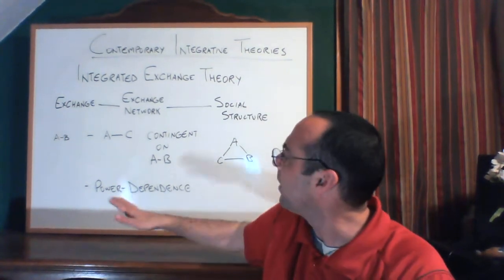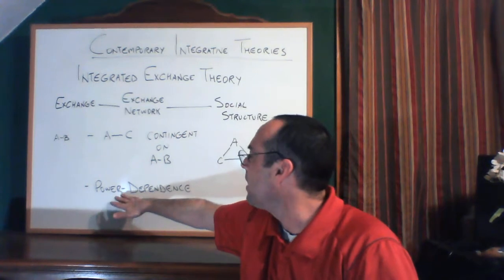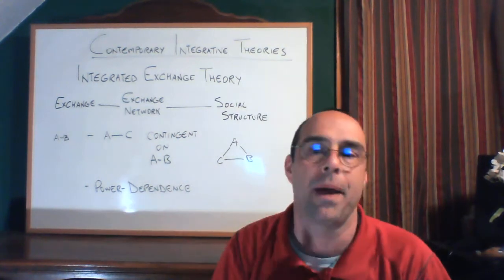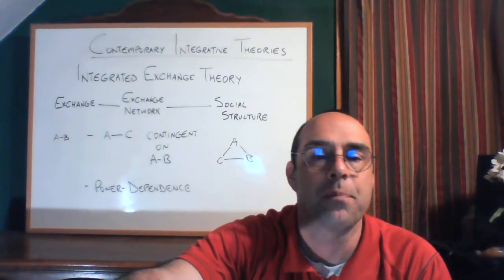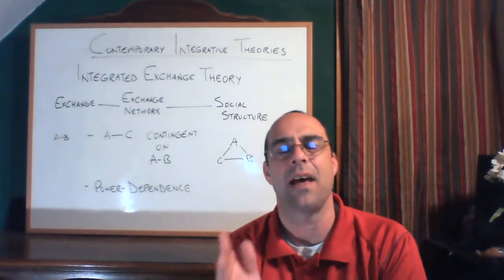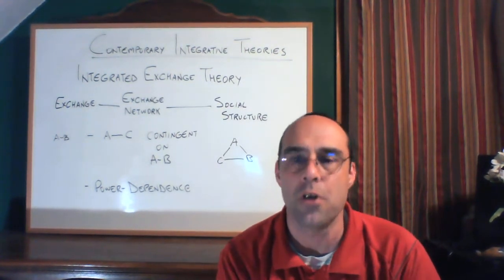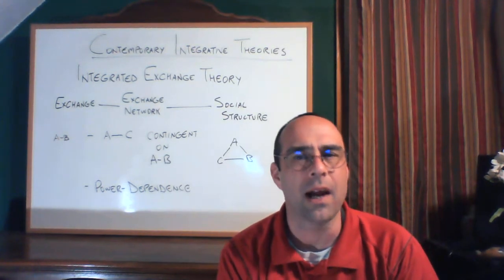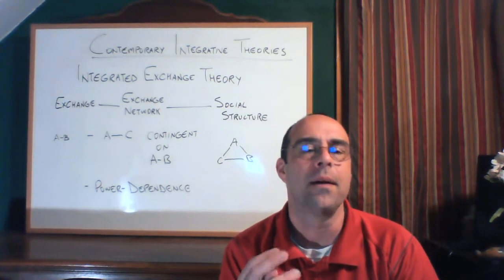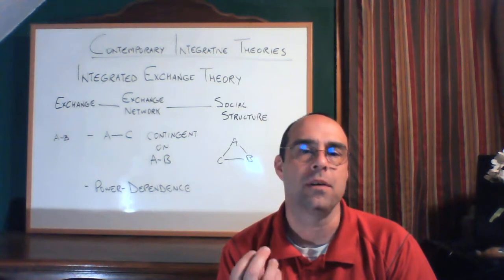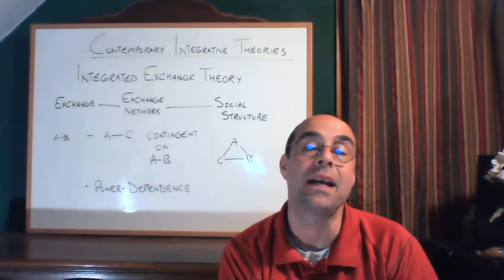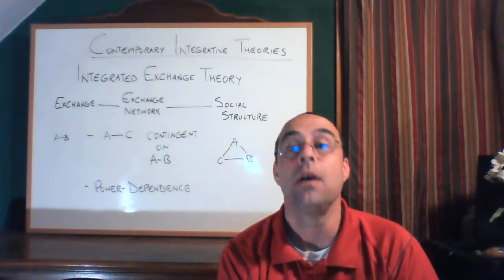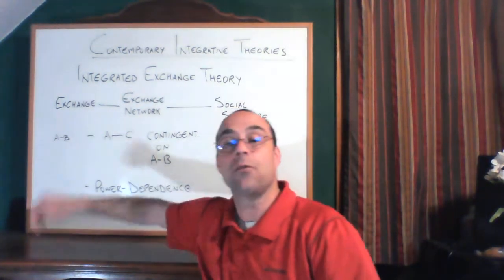The other concept here is what he calls power dependence, and these words have relatively intuitive definitions, though they're worded kind of in a funny way. Power, to Emerson, is the potential cost one person can make another person accept. If you think about this, B's the driver.